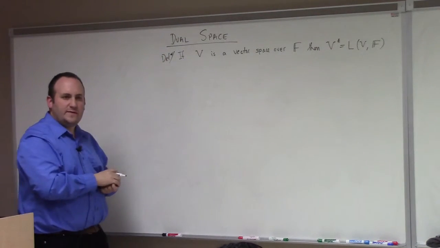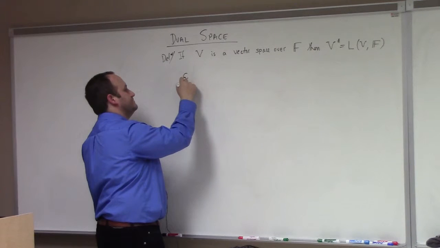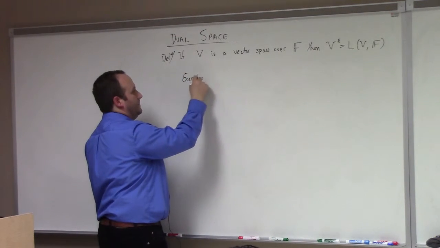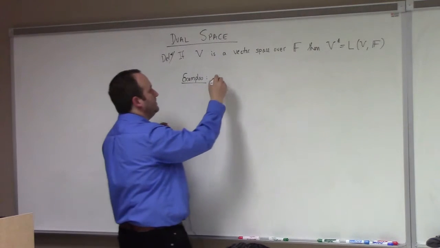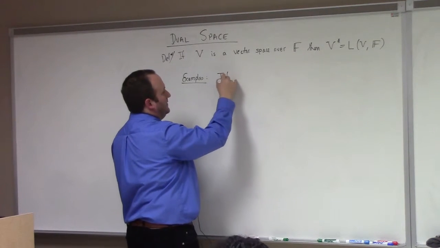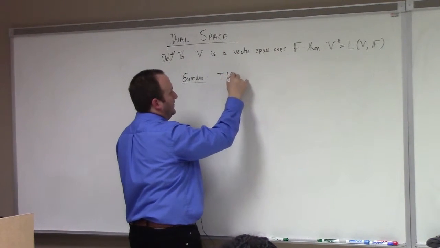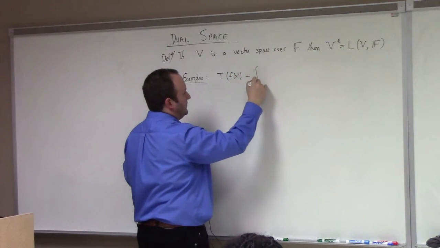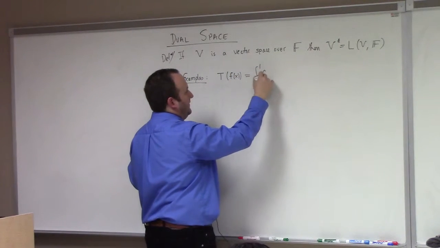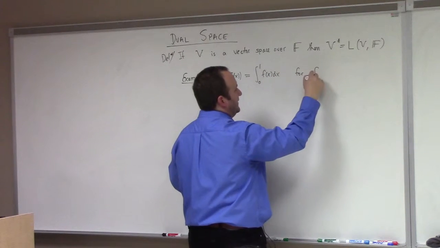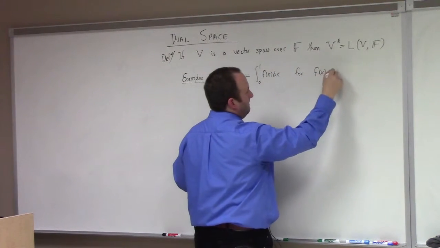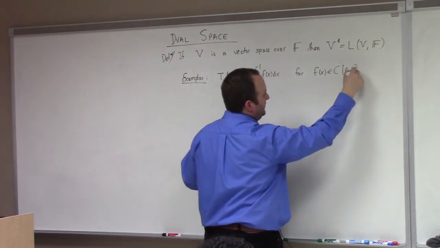Let's see if we can think of any examples of dual vectors. How about this? What if we look at T of f of x equals the integral from 0 to 1 of f of x dx, for, let's say, continuous functions on the closed interval 0 to 1.